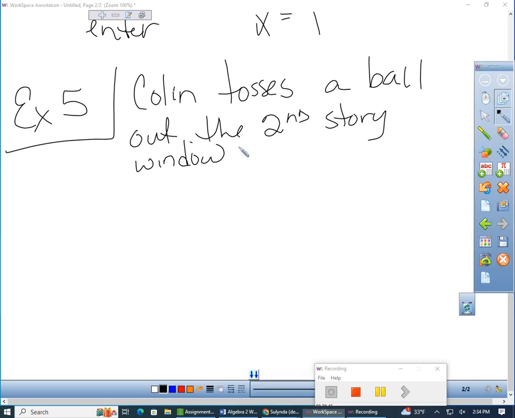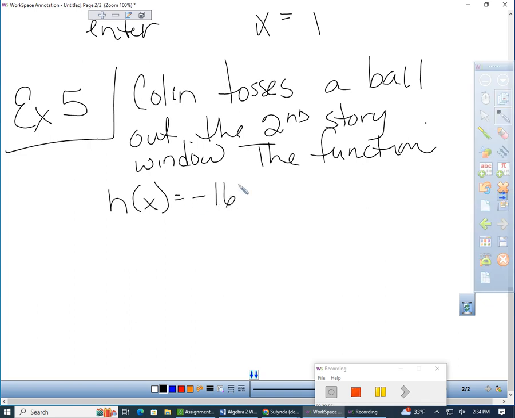The function h of t, my bad, h of t equals negative 16t squared plus 24t plus 5 represents the path of the ball.